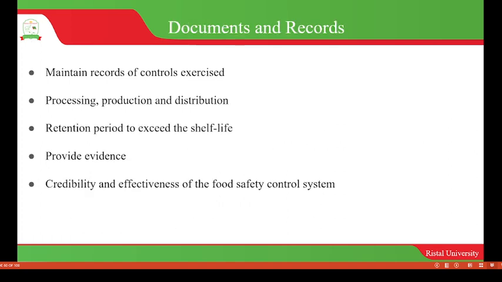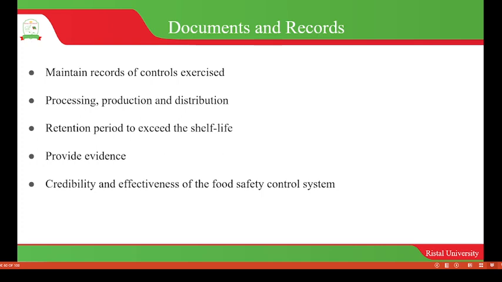Documentation and records. We have to always maintain records of controls which are exercised or practiced. This enables traceability besides other uses. Then processing, production, and distribution should always be documented and recorded for traceability.